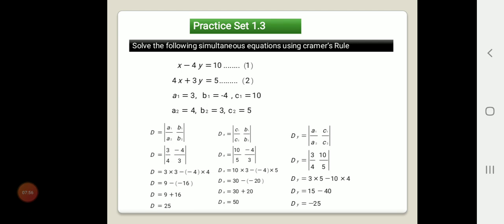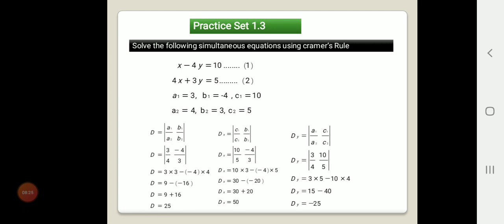Also we find the value of Dx. In this formula we omit the column a1, a2 and replace it by c1, c2. So Dx is equal to c1, c2, b1, b2. c1 is 10, c2 is 5, b1 is minus 4, b2 is 3.